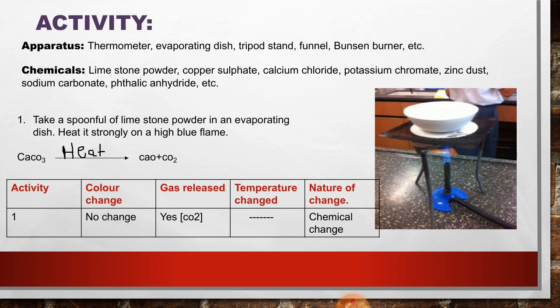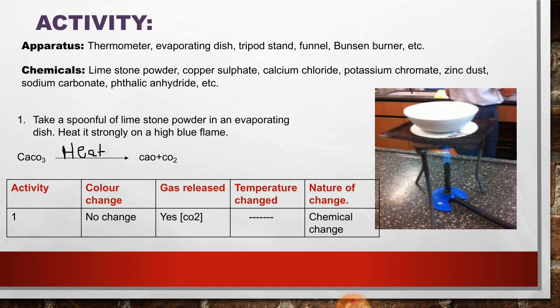Next, we have given certain activities. These are the apparatus: thermometer, funnel, burner, evaporating dish and all, and chemicals. We will perform these in the lab, but just now I'm giving you a basic idea about the activities. The first activity is to take a spoonful of limestone powder in an evaporating dish and heat it strongly on a high blue flame.